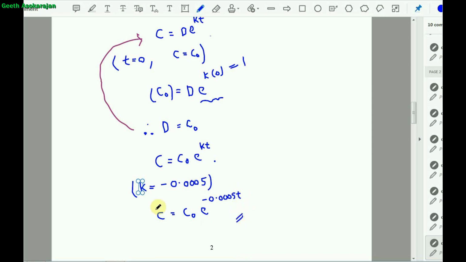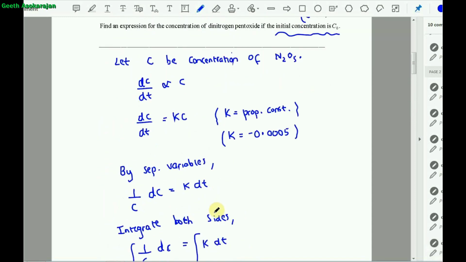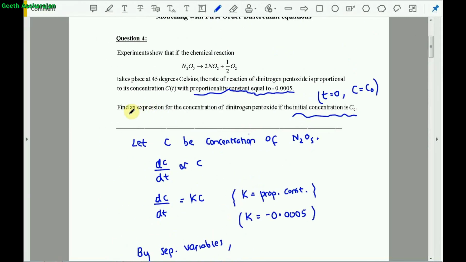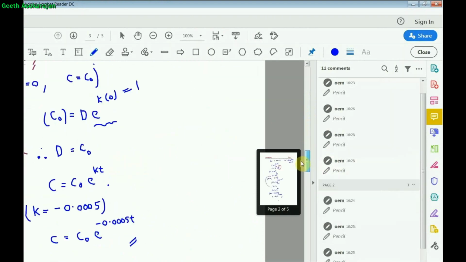This is the solution that they're looking for. If we go back to the question, this is exactly what they need: an expression for the concentration of dinitrogen pentaoxide, N2O5, if the initial concentration is C0, and this is exactly what we've done here.